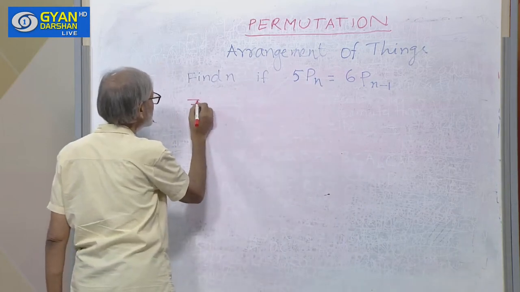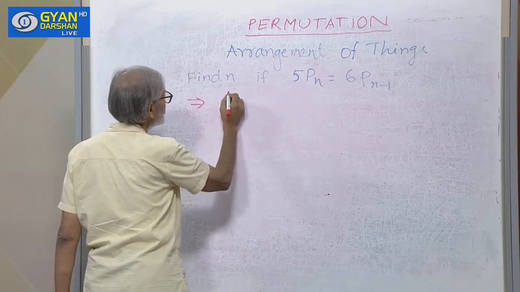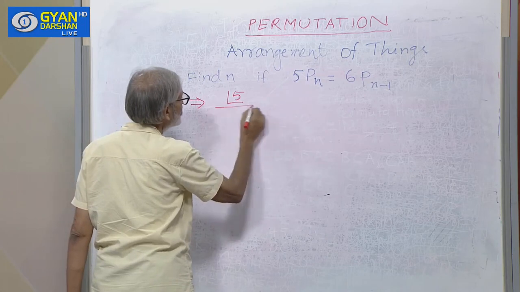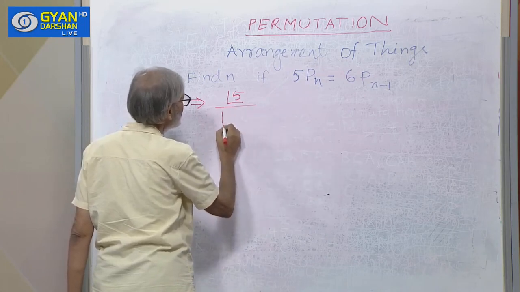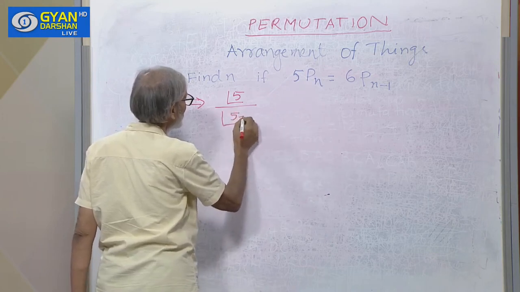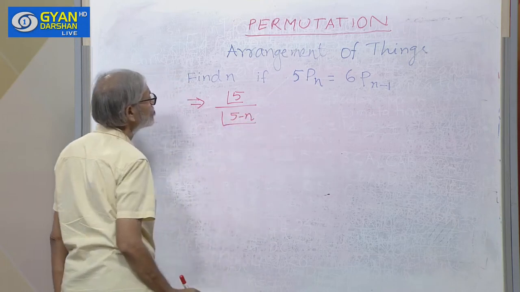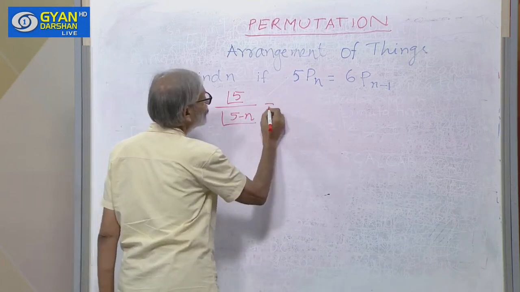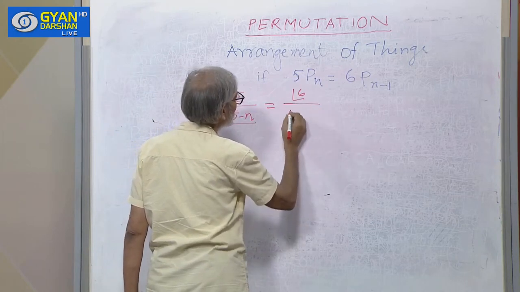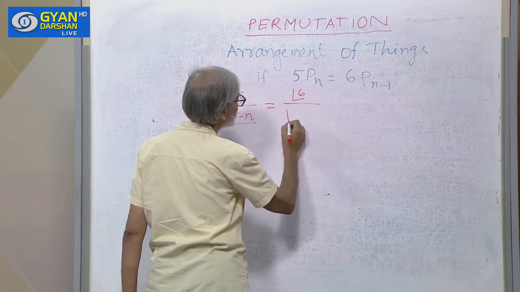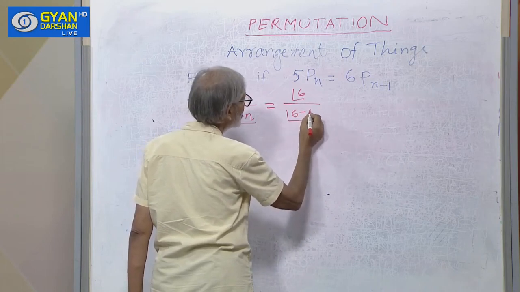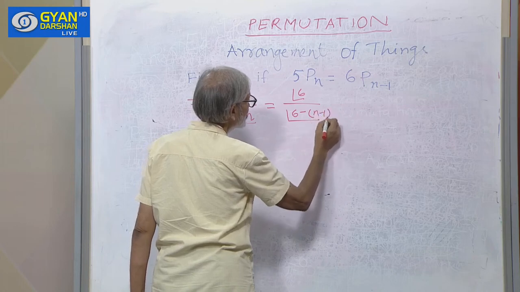So, according to the formula, this will give factorial 5 divided by factorial 5 minus n, which will be equal to factorial 6 divided by factorial 6 minus n minus 1.